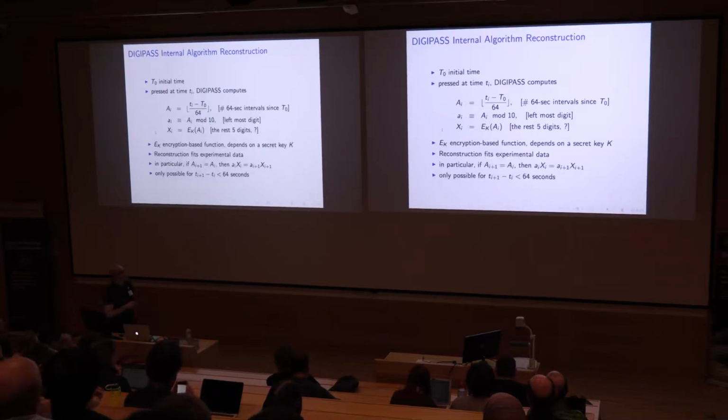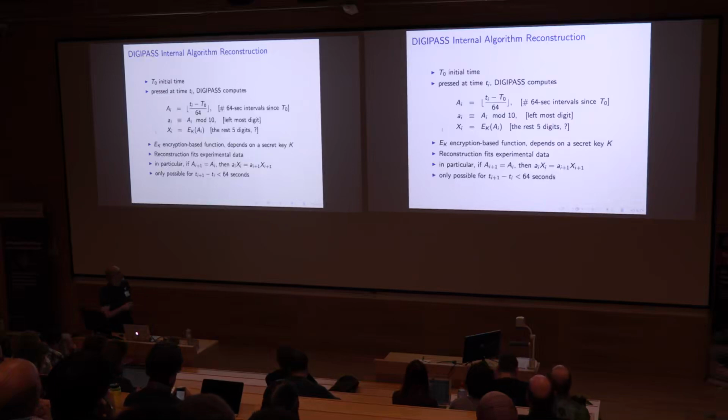And then the token, when pressed at time Ti, computes the number of 64-second intervals since the initial time T0, which is mathematically given by this formula. Then the leftmost digit of the OTP is just the reduction of the number of intervals modulo 10. And that explains a lot of stuff found experimentally.